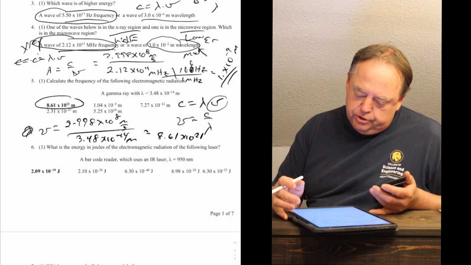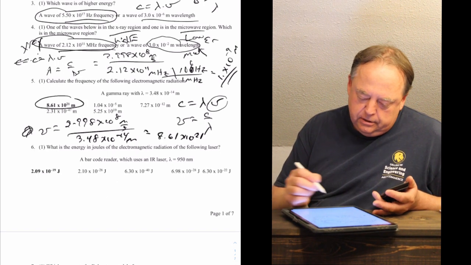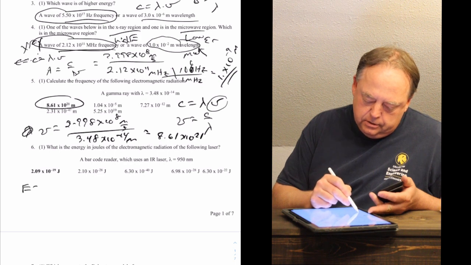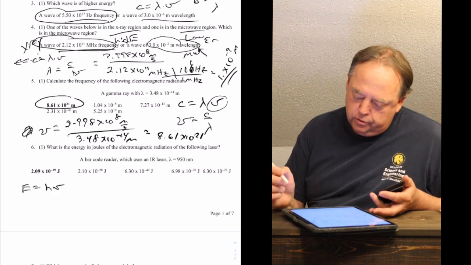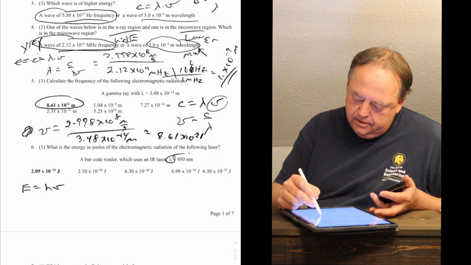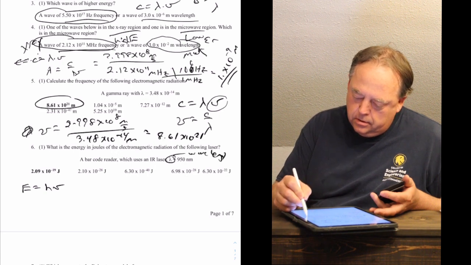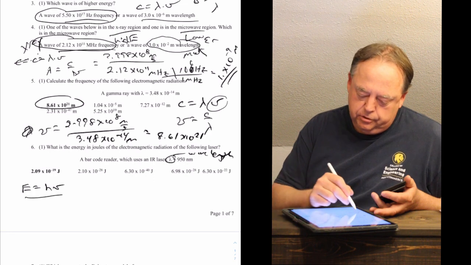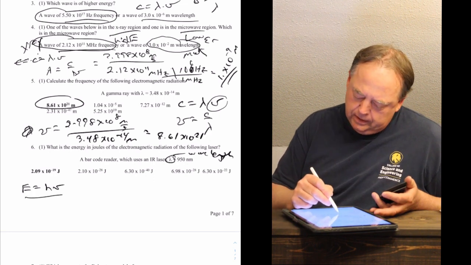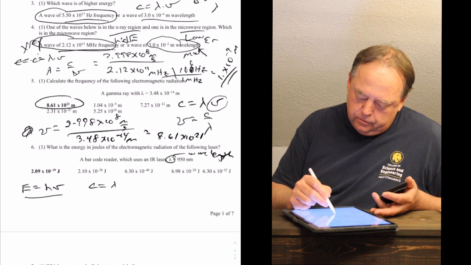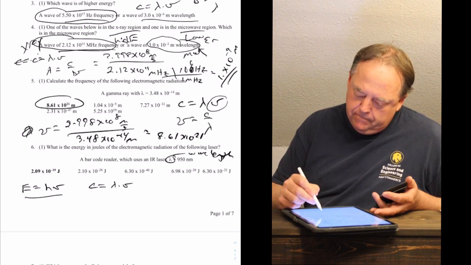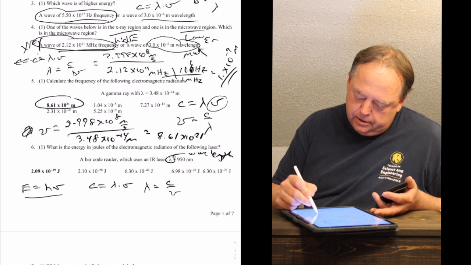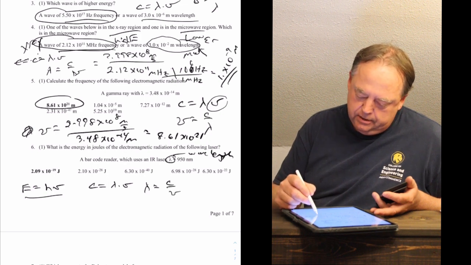Okay, what is the energy in joules of this electromagnetic radiation of this laser? You need E equals h nu, but you're given wavelength, so you need to convert wavelength to frequency so that you can use this equation. Wavelength is equal to c divided by frequency.